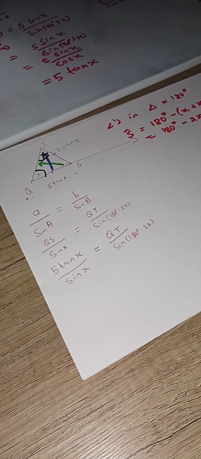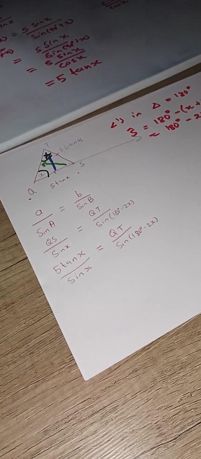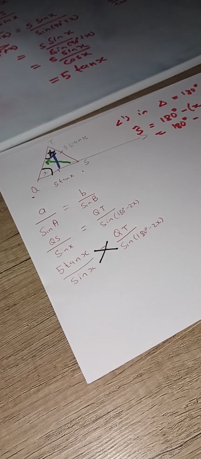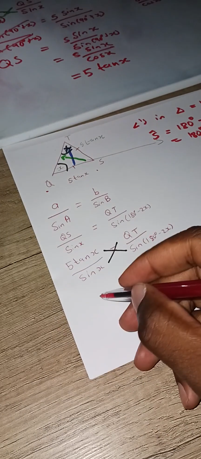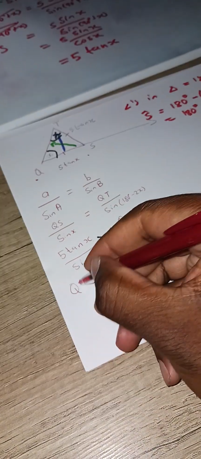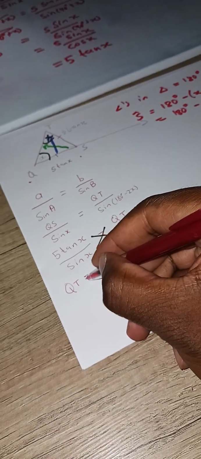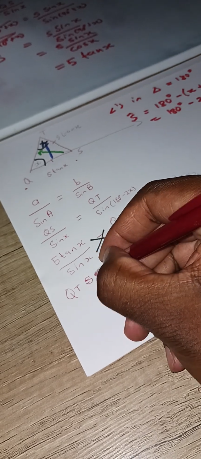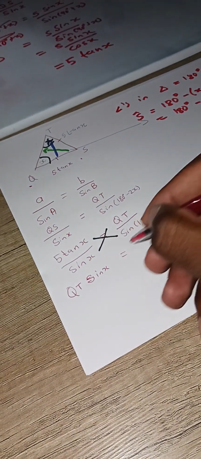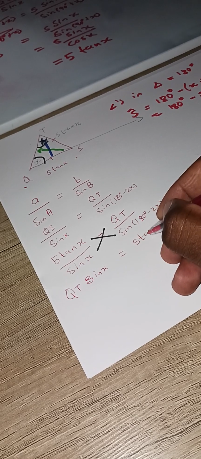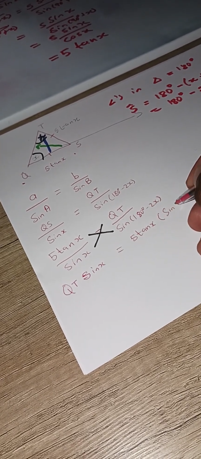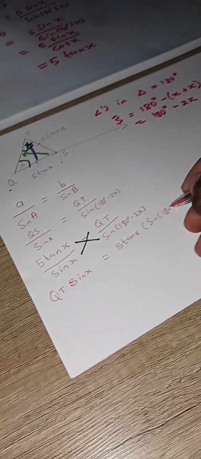Now, this is the part whereby we cross multiply. So let's cross multiply. When we do that, we get QT sine of x is equal to 5 tan of x times sine of 180 minus 2x.